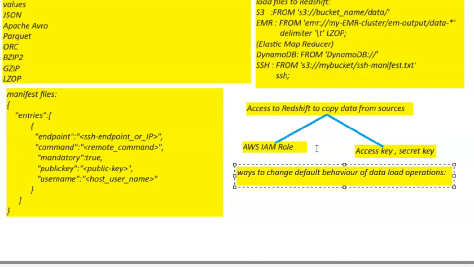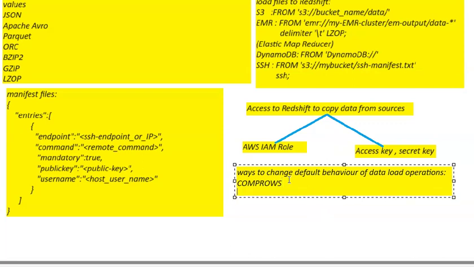There are ways to change the default behavior of data load operations. This behavior also involves compression analysis by using COMPROWS. By using this command, we can do compression analysis.